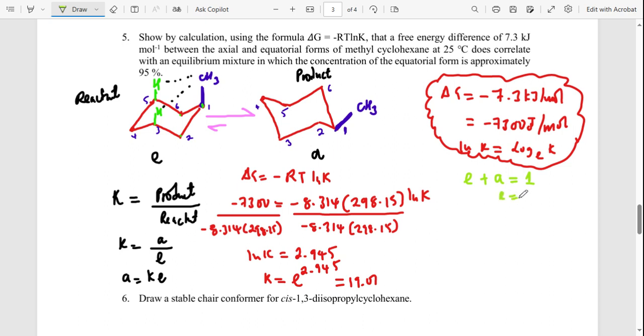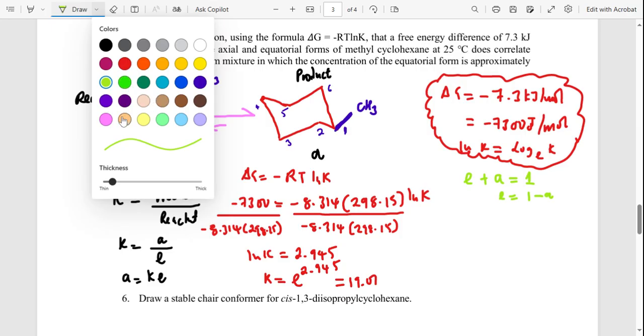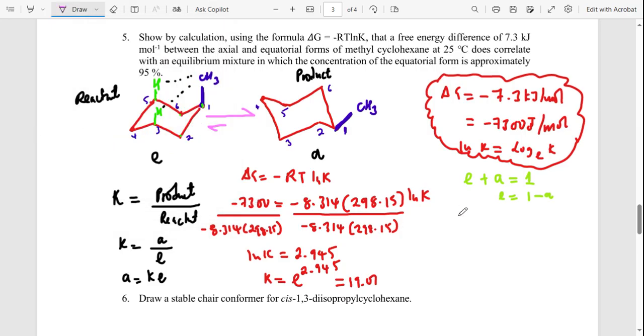So E is going to be 1, we'll take A the other side, minus A. And then I will bring the equation that we derived earlier, to say A is equal to KE.